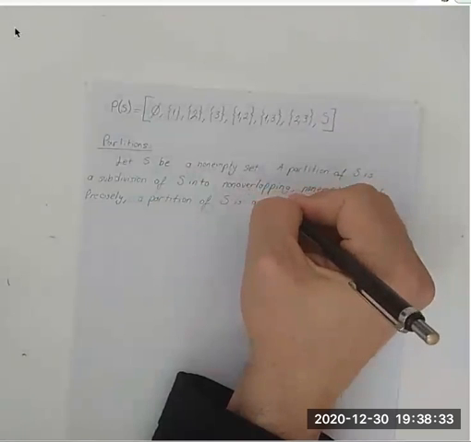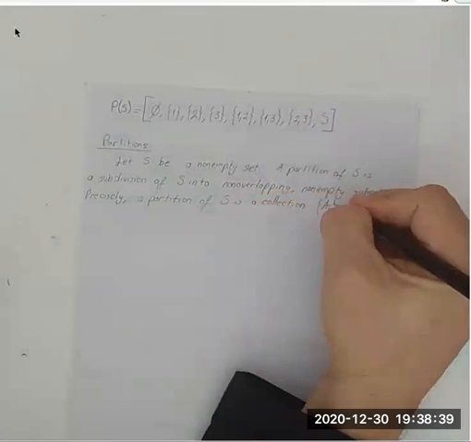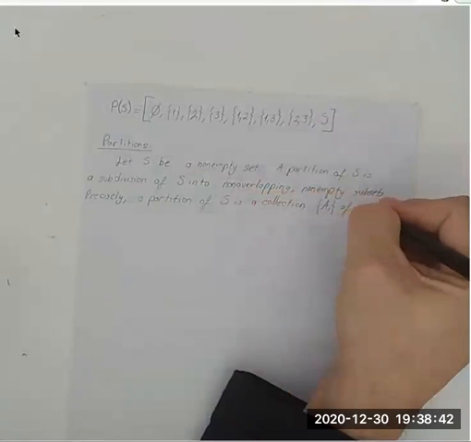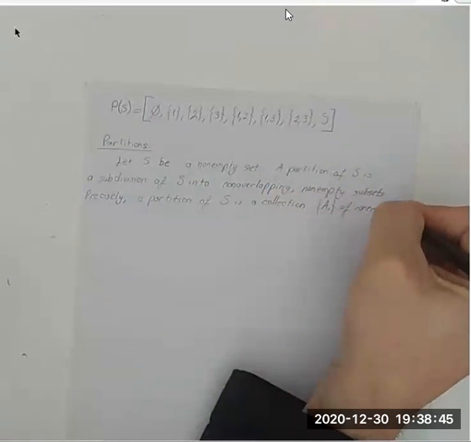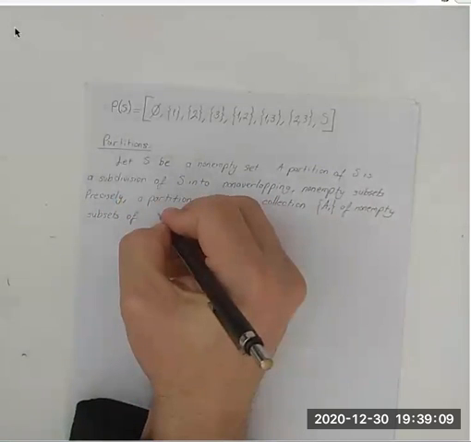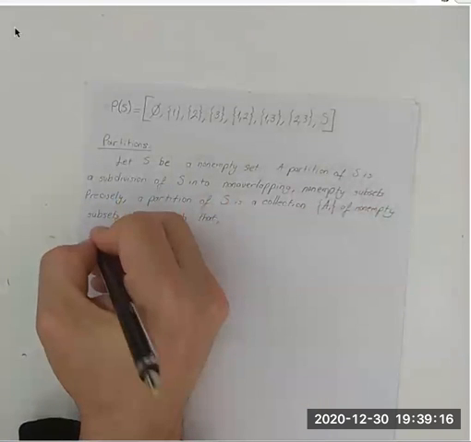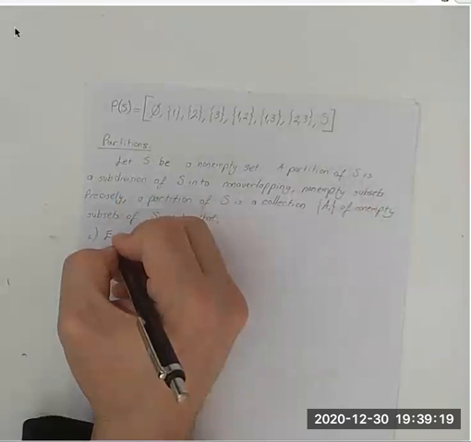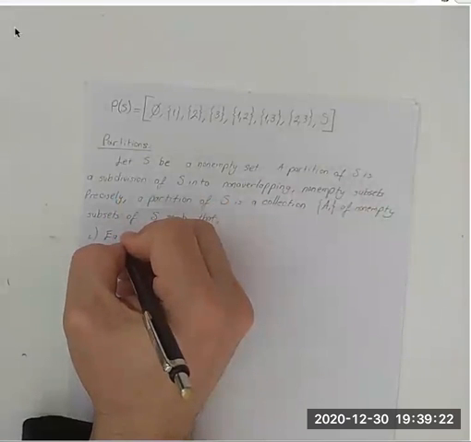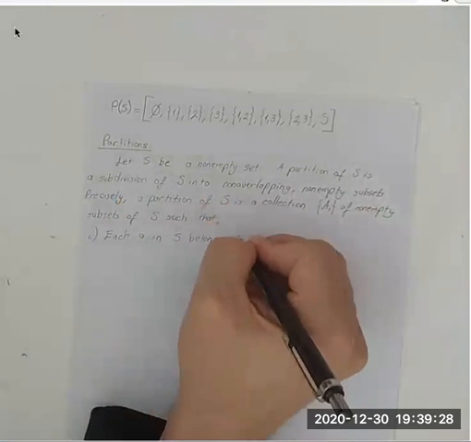And second, the sets Ai are mutually disjoint, that is, if Aj is not equal to Ak, then Aj intersection Ak is equal to the empty set.